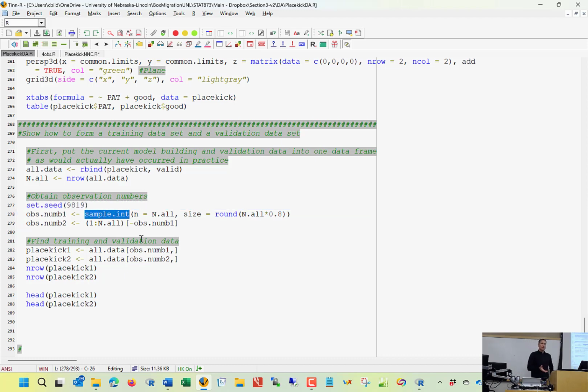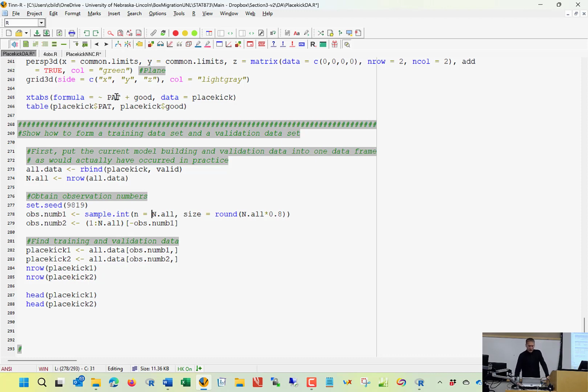Int stands for integer. What I'm interested in sampling is all the numbers from 1 to 1707. If I wanted to, I could have put 1 colon there and n.all for that 1707, but if I don't do that, this will be equivalent, given how this function works.